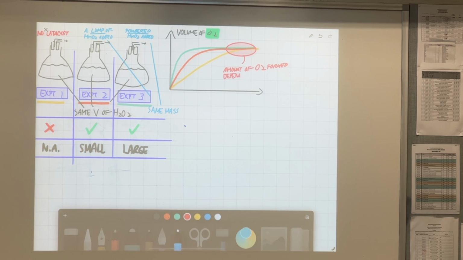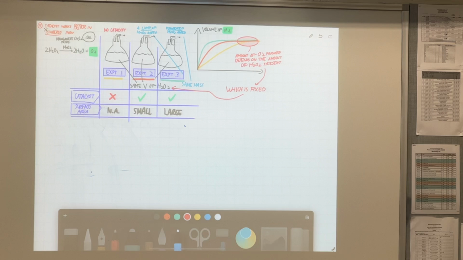So it depends on the amount of H2O2 present, which is fixed. So that's what you need to draw in here.